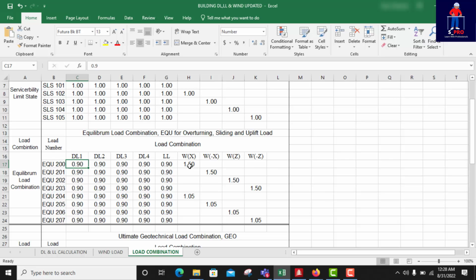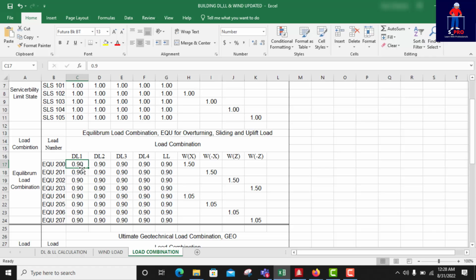When this wind with the increased strength attacks our structure, what will be the reaction of our structure? This will give us a reaction in the footing, maybe a moment that we can use to check our overturning, and the lateral forces that we can use to check our sliding forces. That's just the idea for this equilibrium load combination.